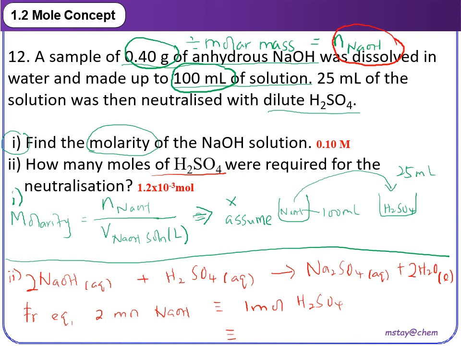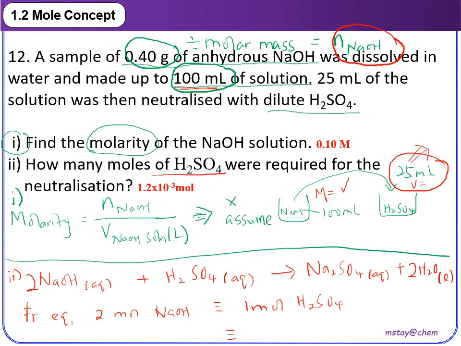Okay, so from here you already have the number of mole of NaOH, which you calculated from 0.4 gram, made up to 100 ml. But when you react with the sulfuric acid, we only use 25 ml. So we need to find out the number of mole that react with sulfuric acid. Here we already know the concentration.